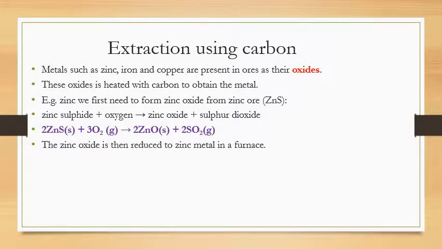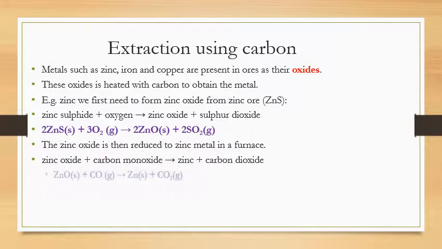And then what happens is the zinc oxide is further reduced with carbon in a furnace under high temperatures. Okay, so basically what you do is you react the zinc oxide with carbon monoxide as the carbon source. It forms zinc metal and the carbon dioxide, which can be removed as a gas, obviously. And there's the equation.